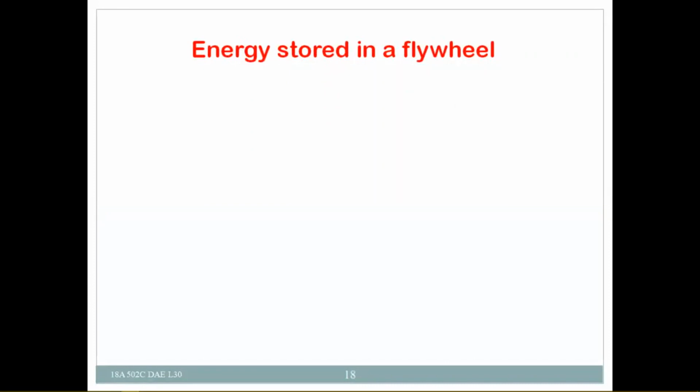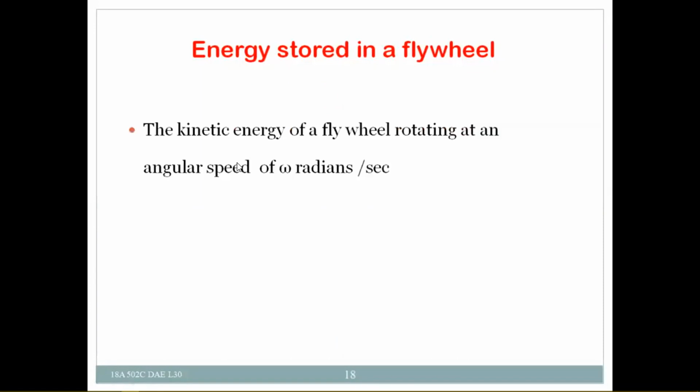Now let us see energy stored in a flywheel. As we are aware, the main function of the flywheel is to store energy, or it acts as a reservoir of energy, and that will be stored in the form of kinetic energy, that means speed energy.